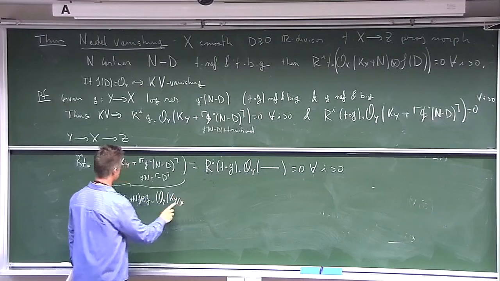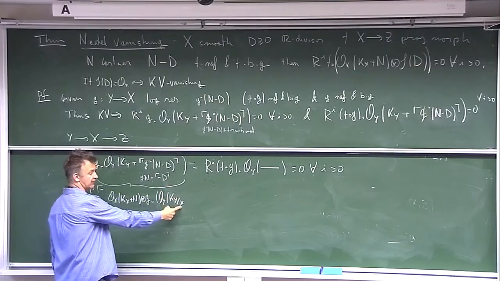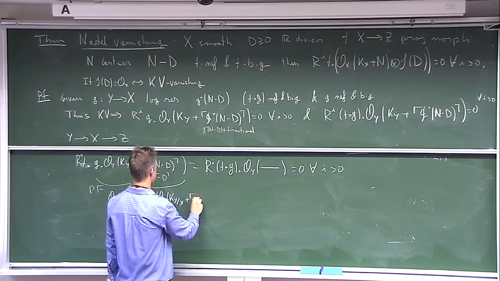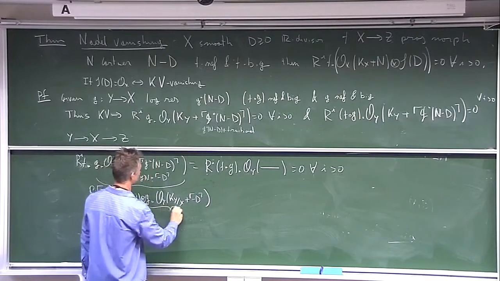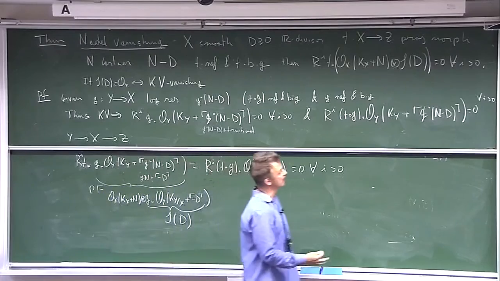The Y over X, if I add K_X, I also have to subtract the pullback of K_X here. And then plus the round up of minus D.